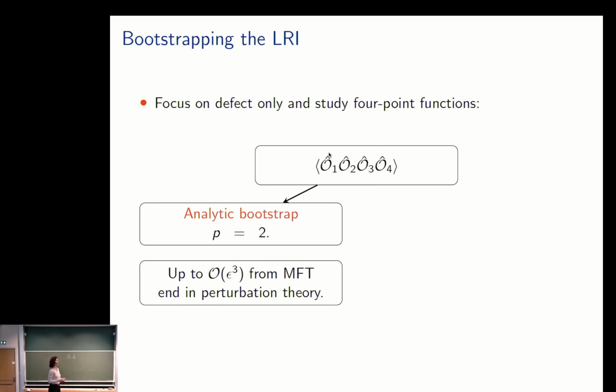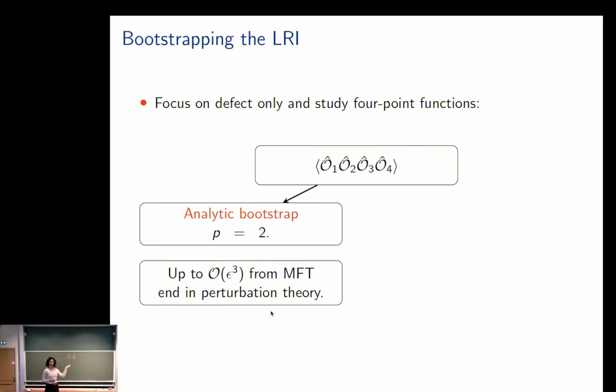And there's 2 things we can do. So one thing is the analytic bootstrap, which we did in our paper for the 2-dimensional long-range Ising model. And using the mean field theory perturbative setup, we were able to extract conformal data up to order epsilon cubed from the mean field theory end.